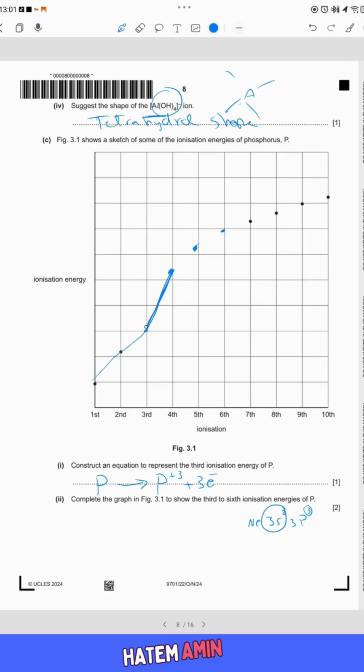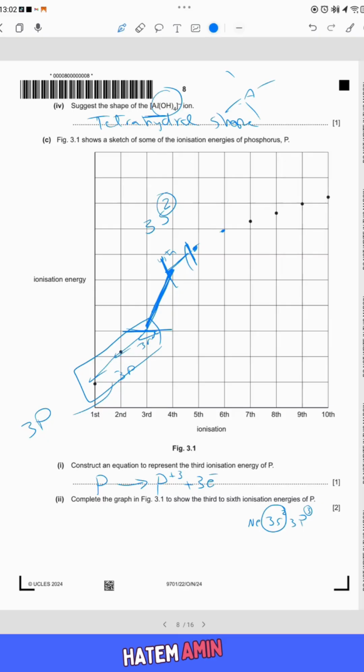Between the third and fourth, we have a significant increase. Why do we have a significant increase here? Up till here we are talking about the 3p electrons: the first, second, and third electrons all came from 3p. But starting from the fourth electron and fifth electron, they came from 3s2. These are closer and more strongly bound to the nucleus.